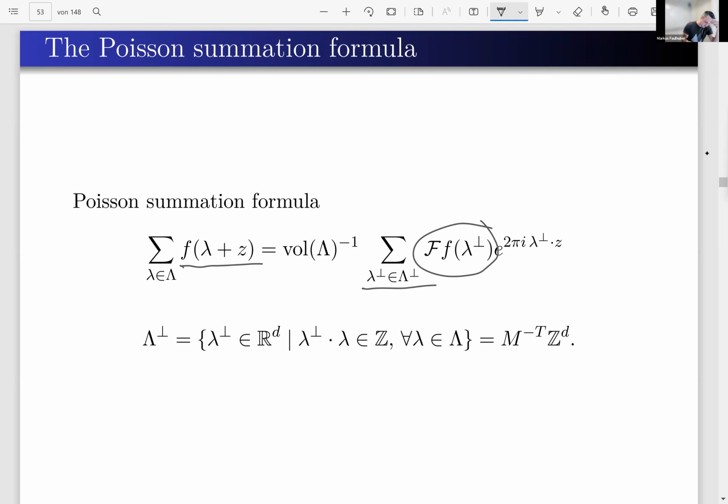And because translations become modulations, you have this modulation factor. And so you have a Fourier series associated to a periodization of your function. This is a classical result. Here's the definition of the dual lattice. And it turns out if you describe it in terms of a matrix, you just take the inverse matrix transposed.